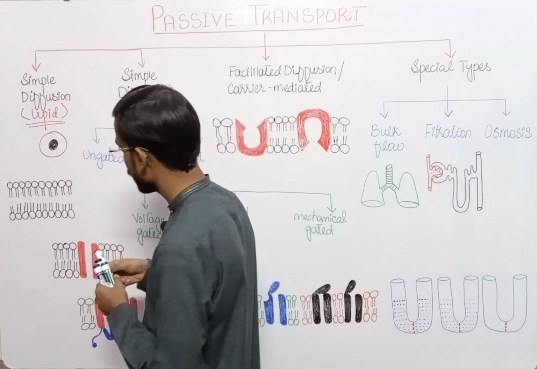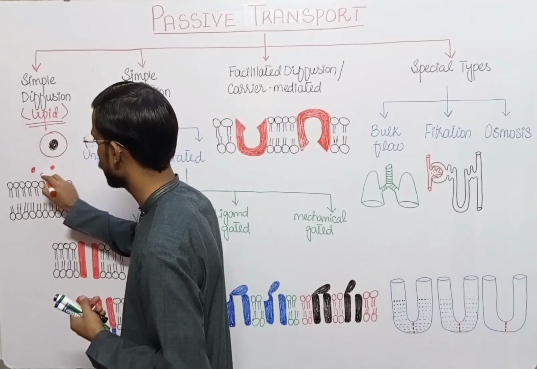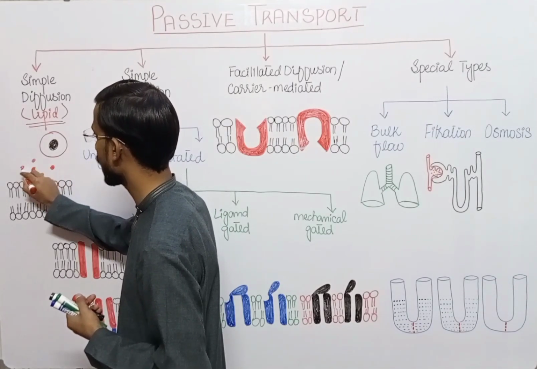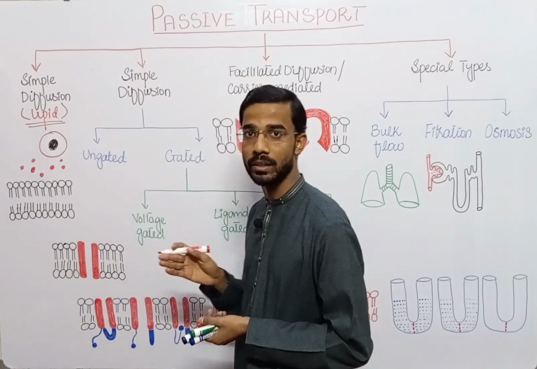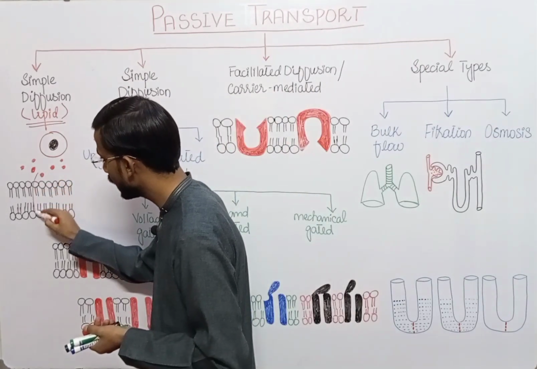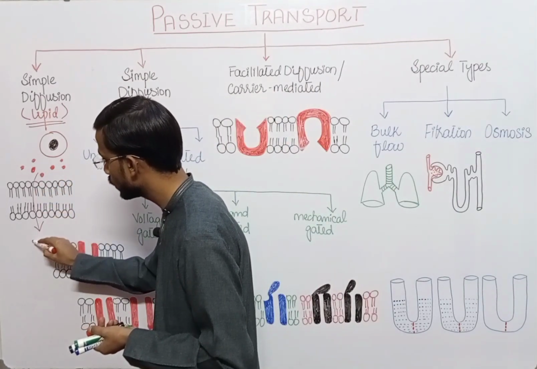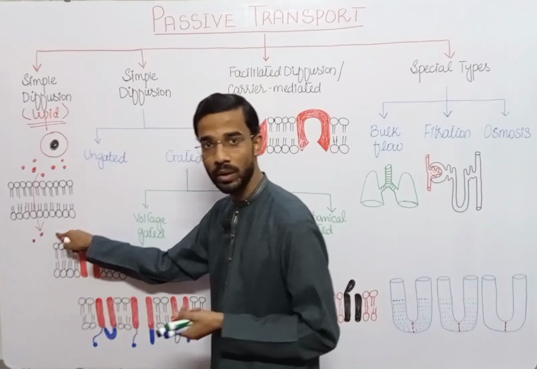And here you can see there are different substances present outside the membrane, and they are in high concentration. These molecules move through the lipid layer from higher concentration to the lower concentration.